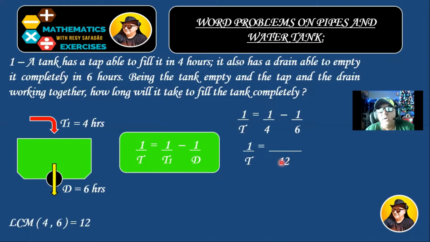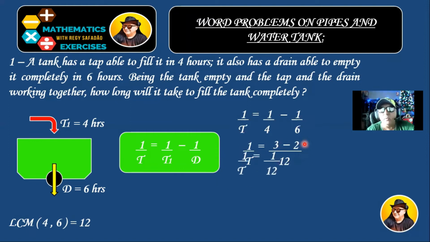Now see what we are going to do. We are going to divide and then multiply. 12 divided by 4 is 3. 3 times 1 is 3. Minus, and we go on: 12 divided by 6 is 2. 2 times 1 is 2. Now let's operate. 3 minus 2 is 1.